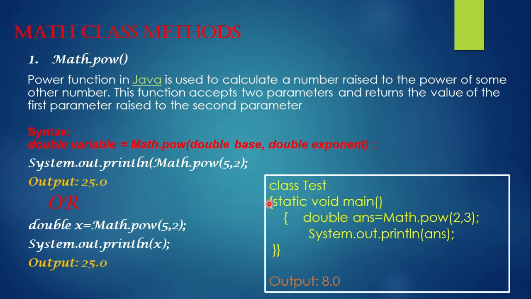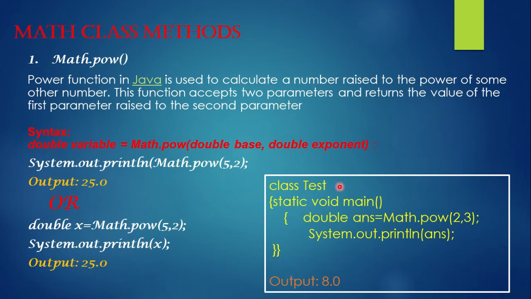This is your class started. You can do this program in your BlueJ at home. Please type it and see whether it works or not. Static void main, then double ans is equal to math.pow(2, 3), then system.out.println(ans), then close, and please run the program. Then you will get 8.0.